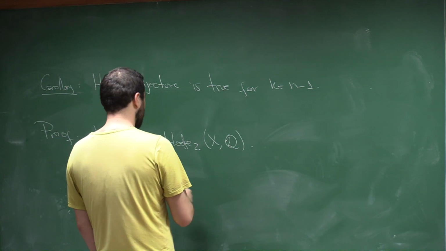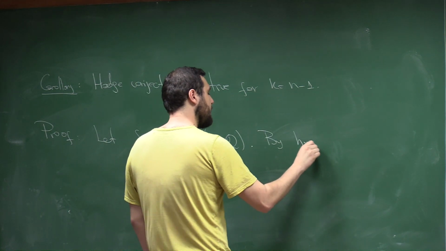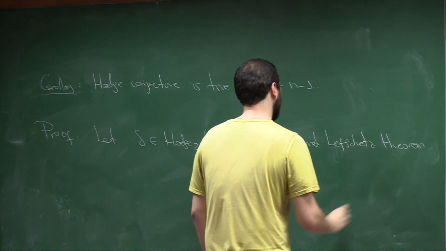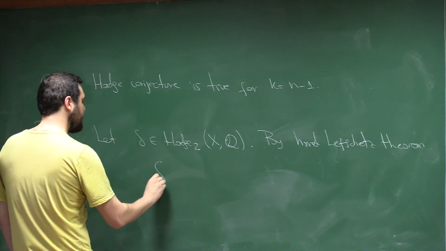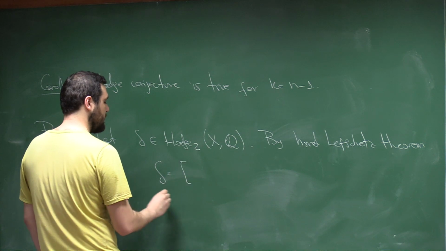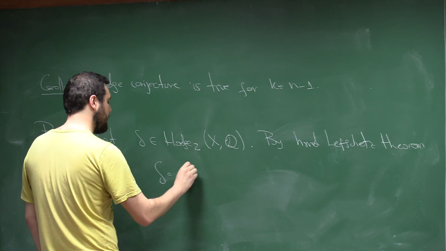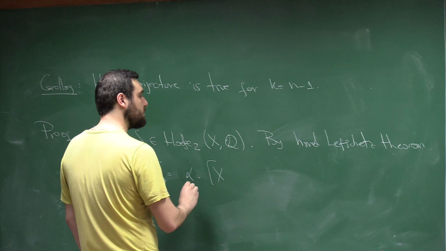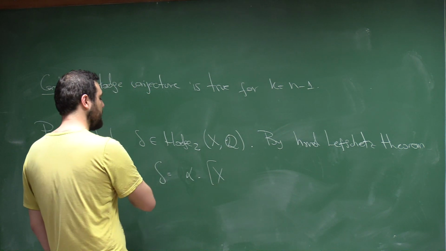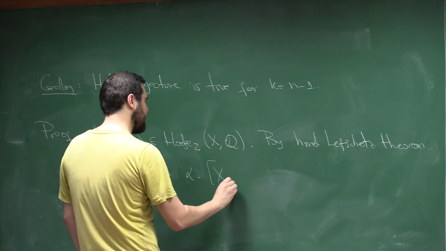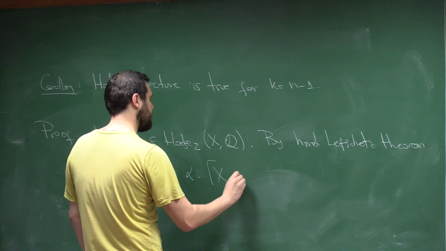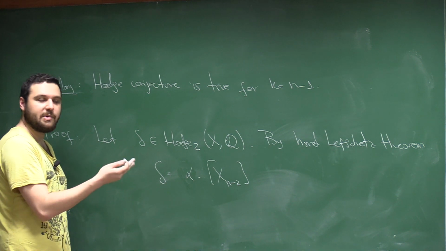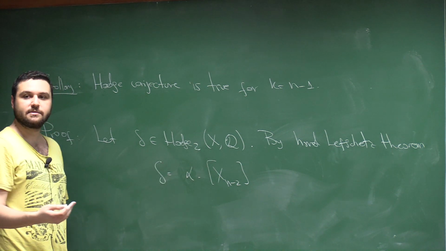So by the hard Lefschetz theorem, we know that delta is equal to some alpha times this x to the n minus 2, where this is the n minus 2 hyperplane section that you're taking inside X, right?